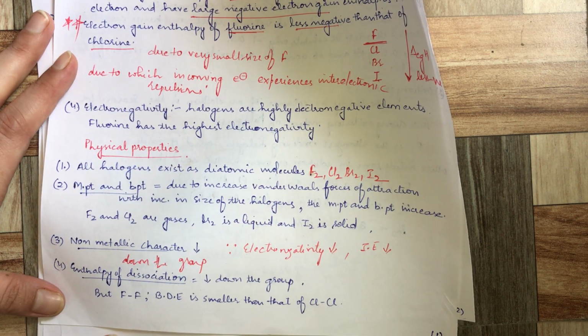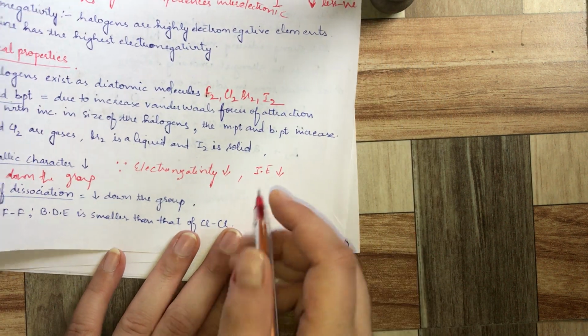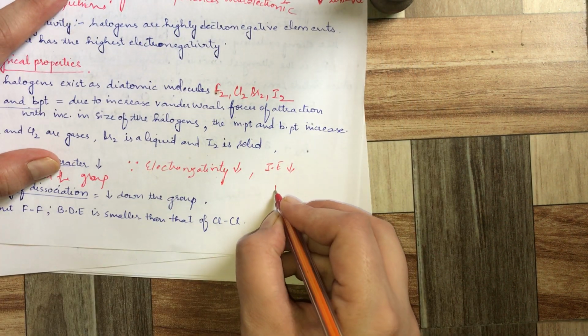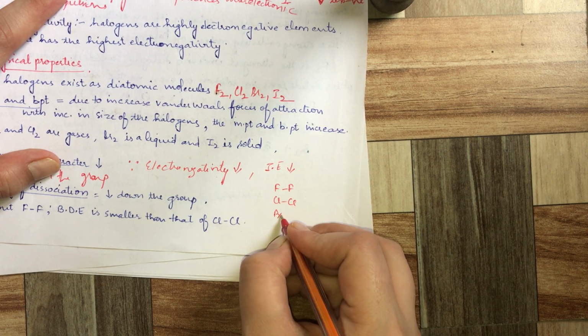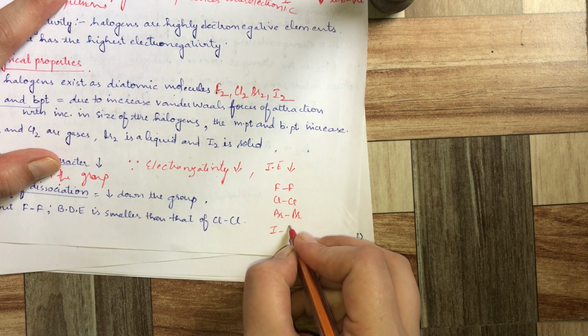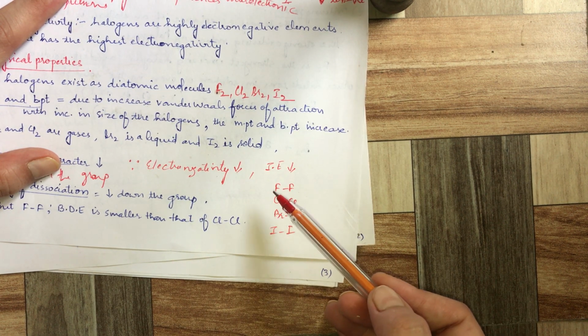The next important thing to note is enthalpy of dissociation. They say that the enthalpy of dissociation decreases down the group. So what does this mean? It means it is easier to break the I-I bond as compared to the F-F bond.